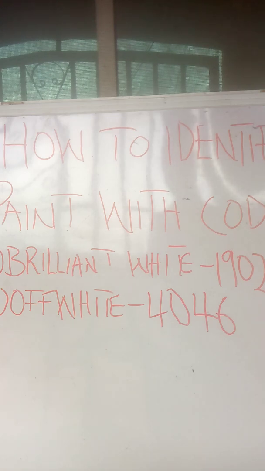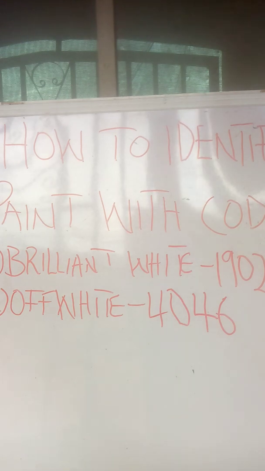So if you don't remember the name off-white, you should be able to remember the numbers 4046. So when you get to the paint store and you say, I need 4046, the seller already knows what you are looking for. Or when you get to the paint store, you say, I need off-white, the seller already knows what you are looking for.